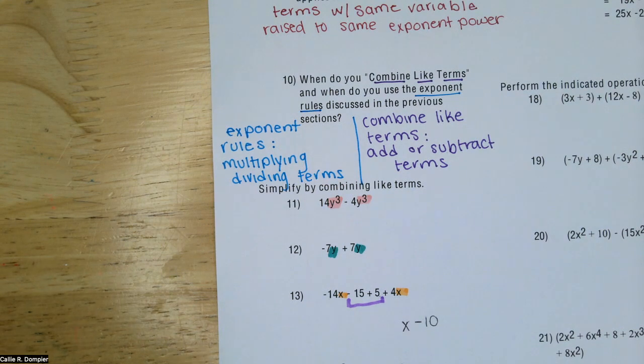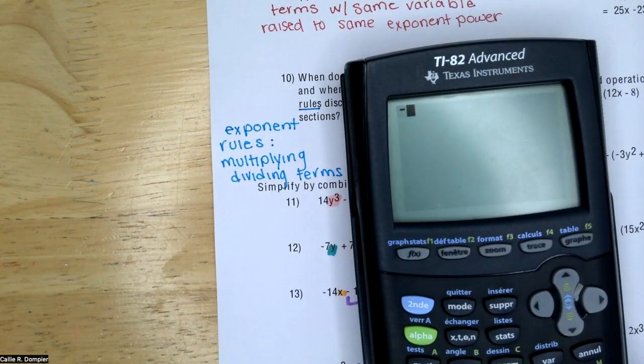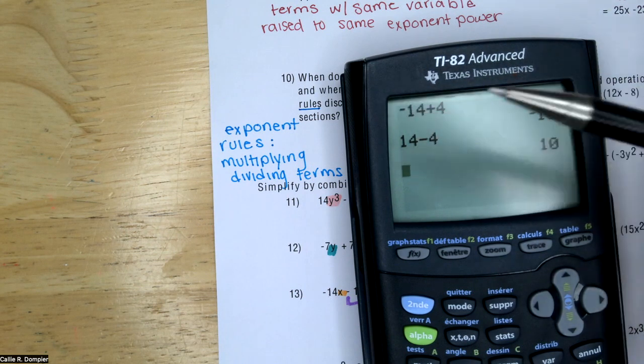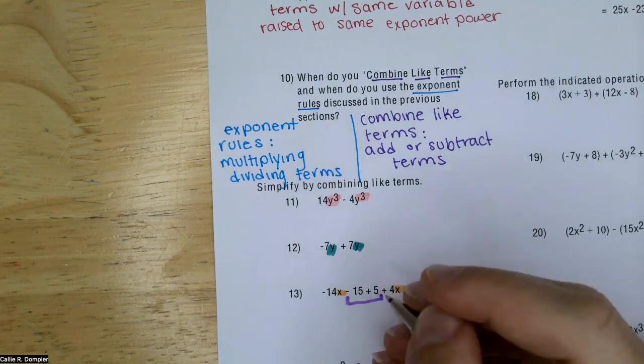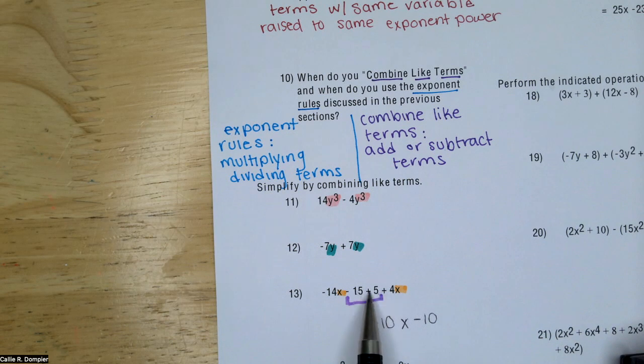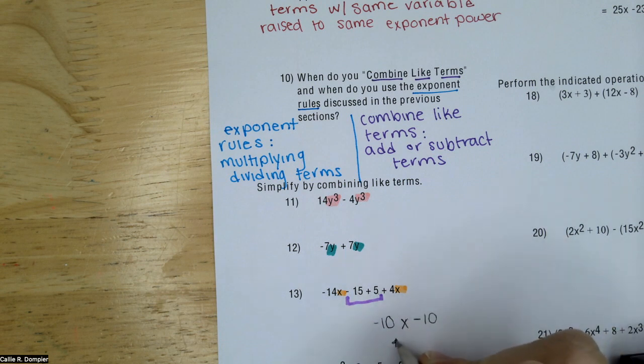You're totally welcome to put it in your calculator, negative 14 plus 4, or you can say they have different signs, so I'm going to subtract them and give the answer the sign of the bigger number, negative 10. So negative 14x minus 15 plus 5 plus 4x is negative 10x minus 10. I put the constant at the end because we always put it in descending order of degree, right? This is degree 1, and that's degree 0. We want it in descending order.